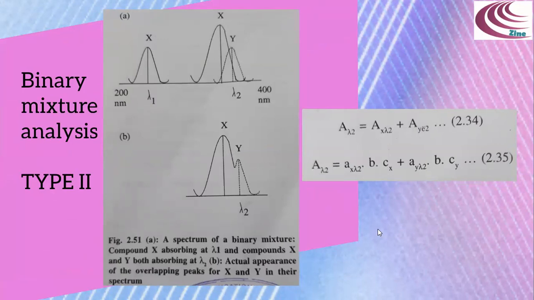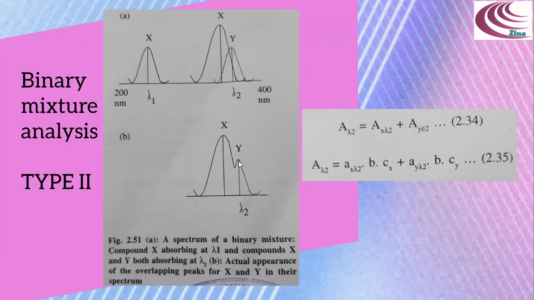To find the concentration of Y, that is Cy, the absorbance, that is A λ2 at wavelength 2, is recorded. At this wavelength, both the compounds X and Y absorb depending on their concentrations in the mixture.